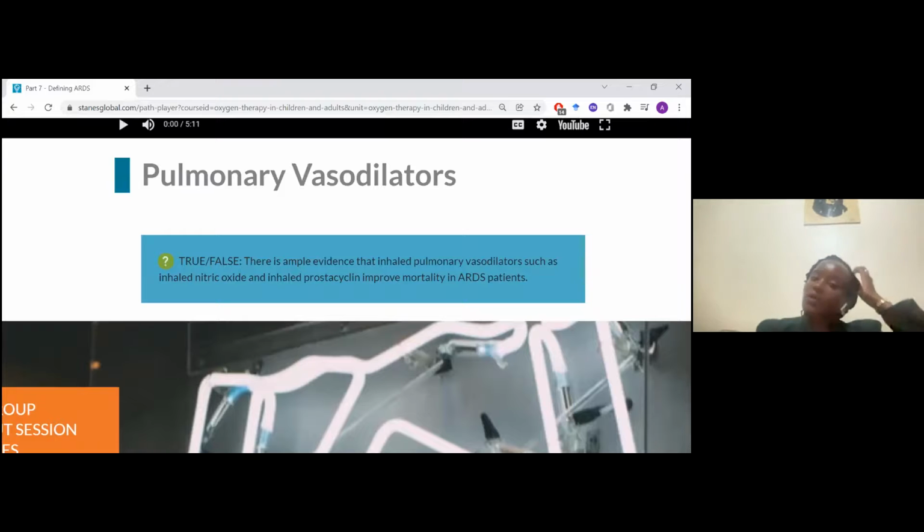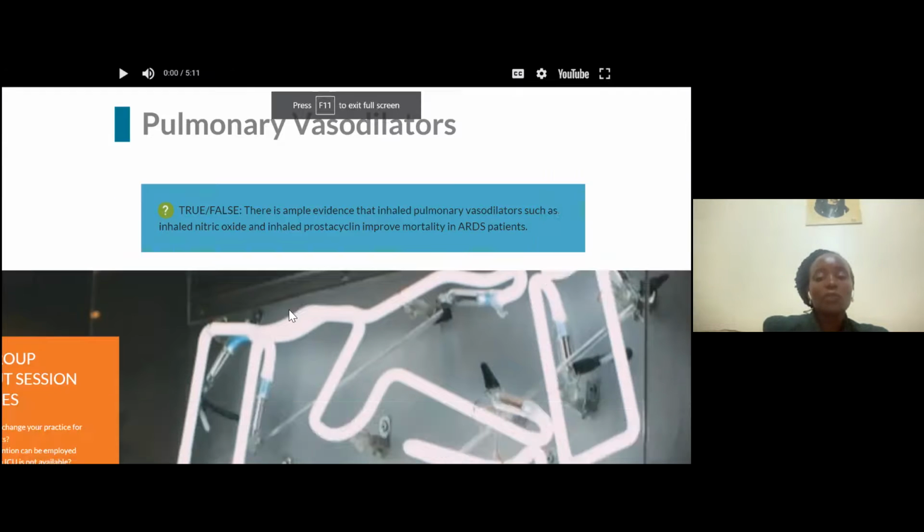So there's something that's called pulmonary vasodilators. In the West, they tried using them. It's not a common practice, or I've not seen this being done in our setup, whereby we use vasodilators to try and improve the effects of ARDS on the patients that you have.